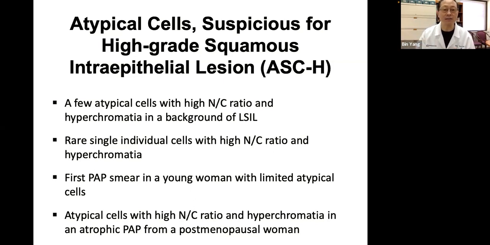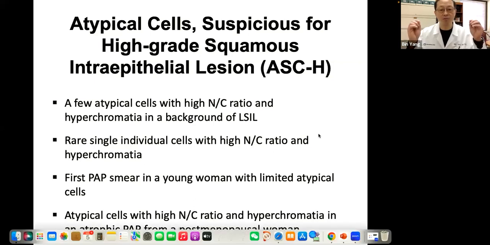Then in different situations, for example, in a very young woman, less than 30 years old, when I see this and she's never had HPV testing, I would rather back off, call ASC-H, and get HPV tested. So she has a baseline HPV test, rather than me calling HSIL the first time when I don't have enough cells, because if clinically the biopsy is negative, they may do LEEP. That's their option in the ASCCP guideline.